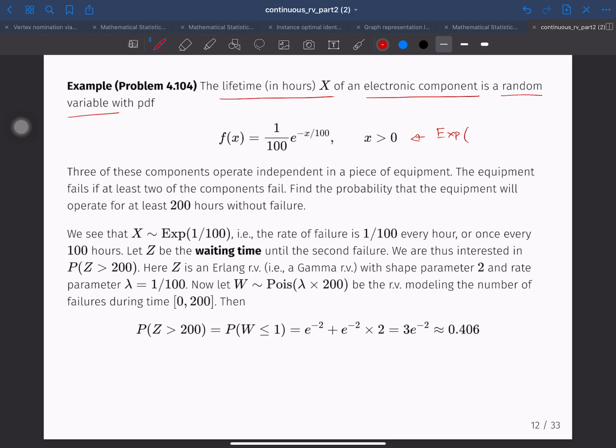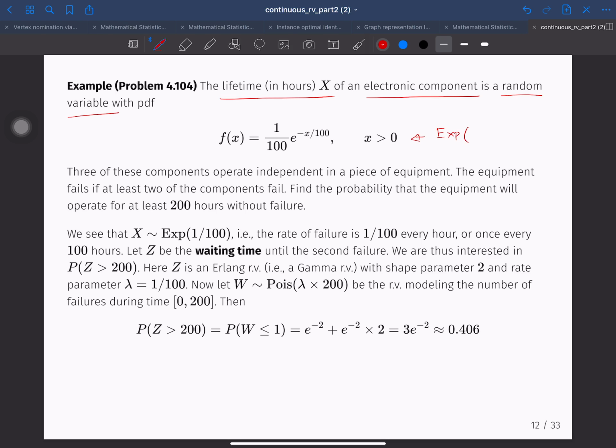So because X is exponential with rate 1/100, if we let Z be the waiting time until the second failure, because if 2 units fail, I can't work anymore, we're interested in the probability that Z is bigger than 200, and now Z is an Erlang random variable with shape parameter 2.